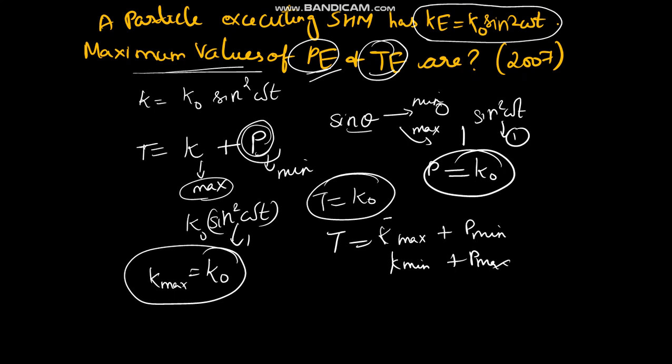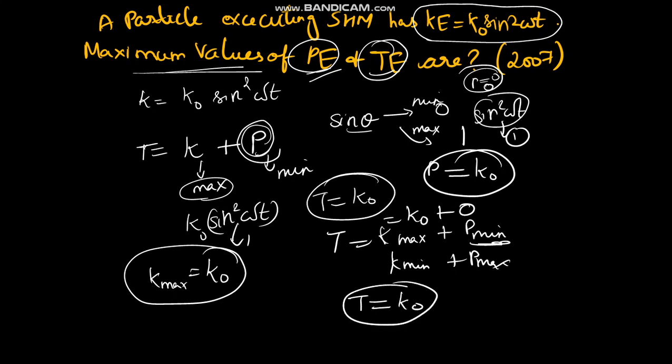Kinetic energy maximum is K naught, and the minimum value of potential energy, when sine square omega t is 0, is 0. So the maximum value of total energy is also K naught, the maximum value of kinetic energy is also K naught, and the maximum value of potential energy is also K naught.